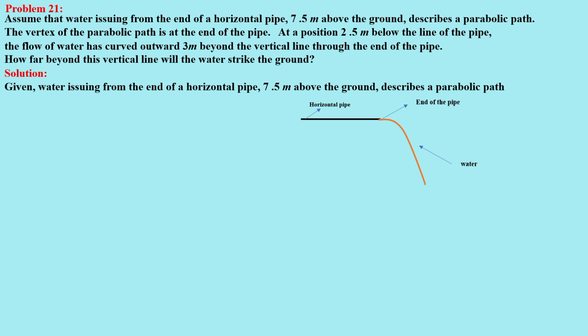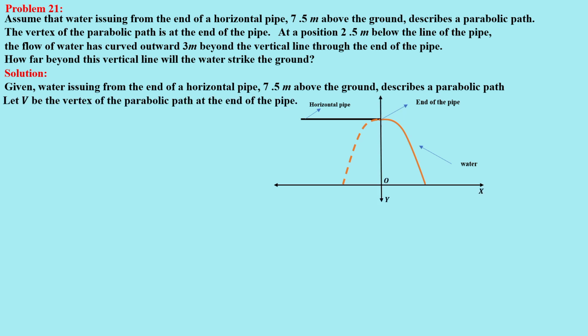On the other side, we complete the parabolic curve with a dotted line, according to our imagination. So this is the ground, the x-axis, and this is the y-axis.